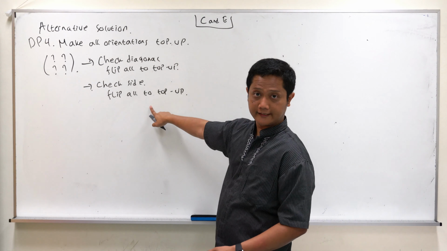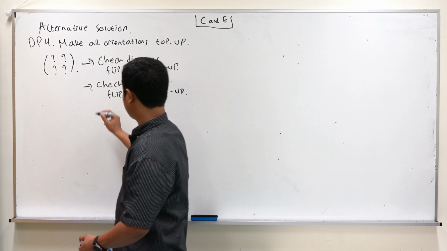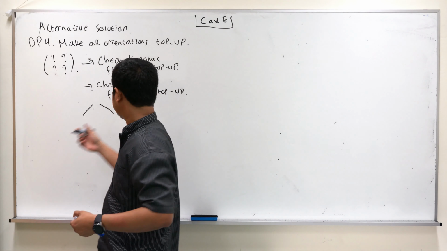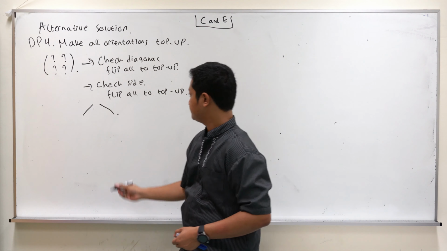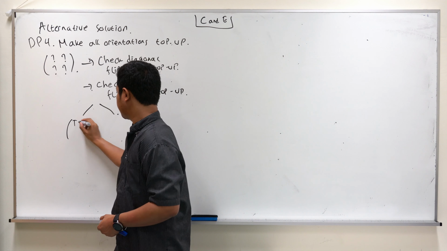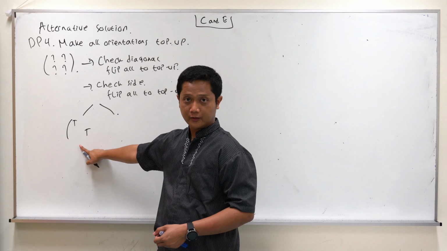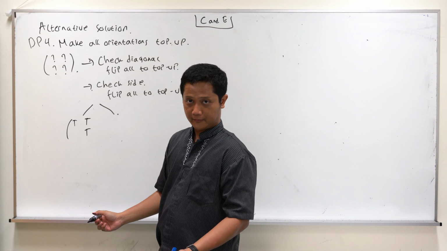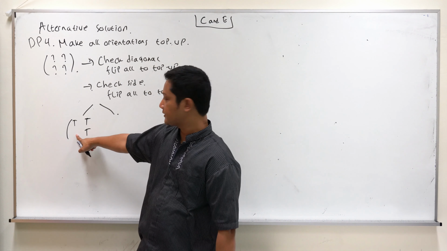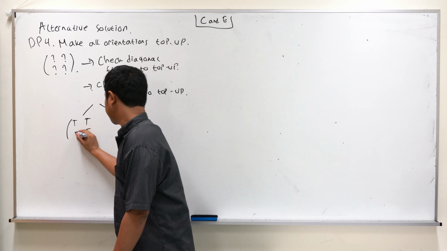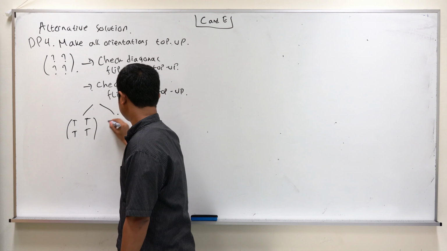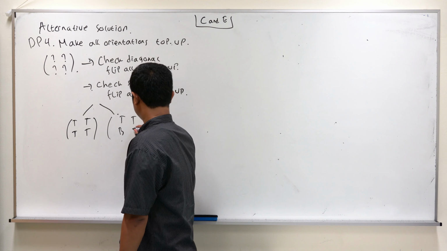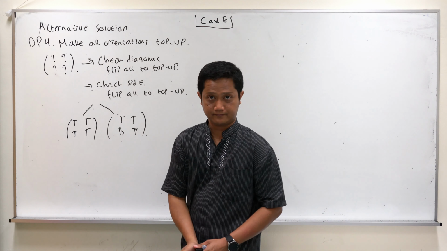First move, second move. So what's the possibility? We try to make it top up, diagonal, at least one of them top up, and the side, at least one of them top up. This one I don't know. So it can be top up or can be bottom up.